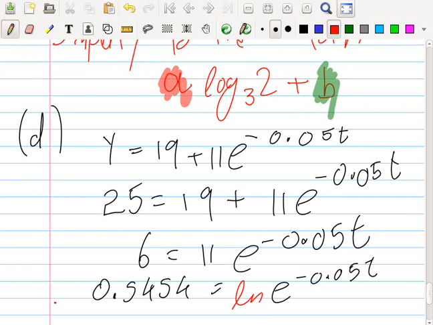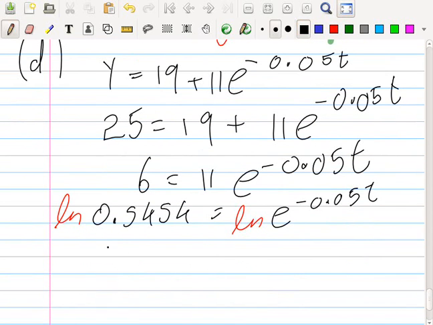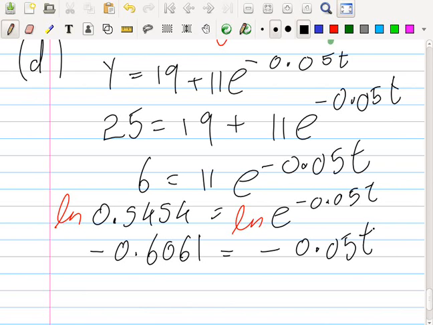With a log. So now I have minus 0.6061 equals minus 0.05 t. So therefore t will equal 12.12.